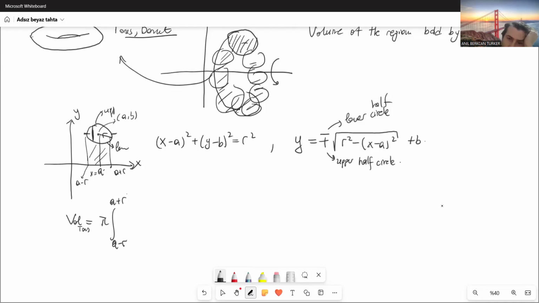The upper part is this one, the square root of r squared minus x minus a squared plus b, minus the lower one, the square root of r squared minus x minus a squared.